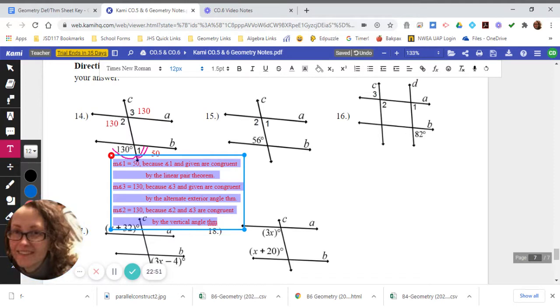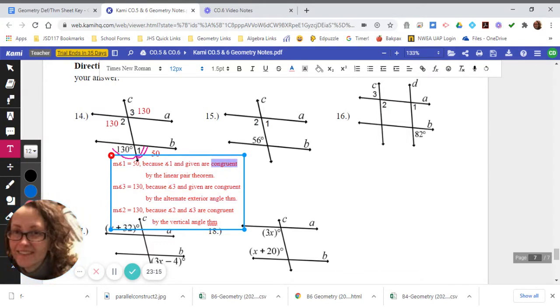So basically what I've done here is I've stated my answer. I have verified which angles I was using and which theorem applies to those two angles. So angle 1 and my given are going to be a linear pair. I said that these were congruent.